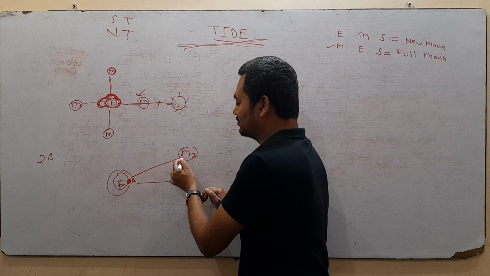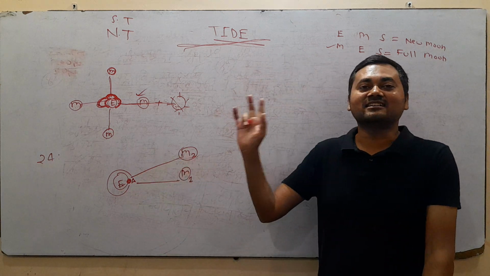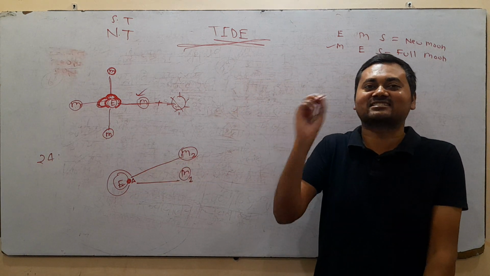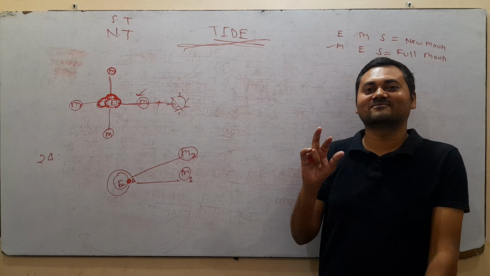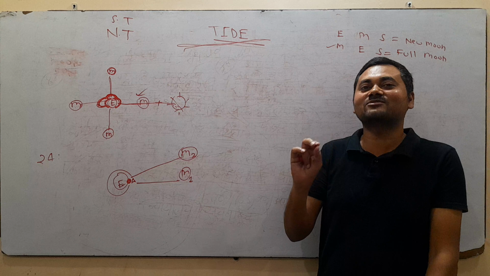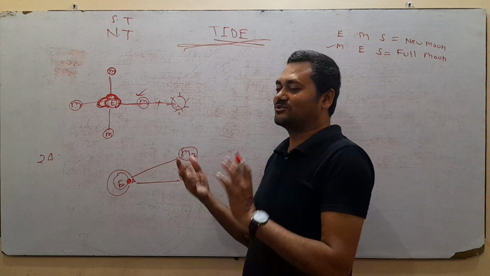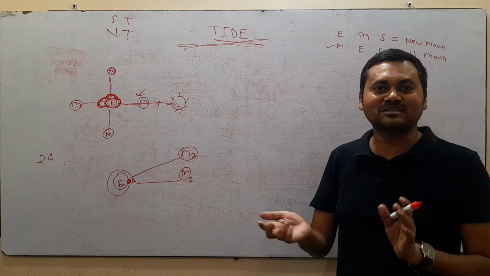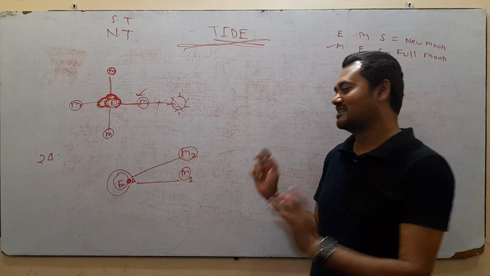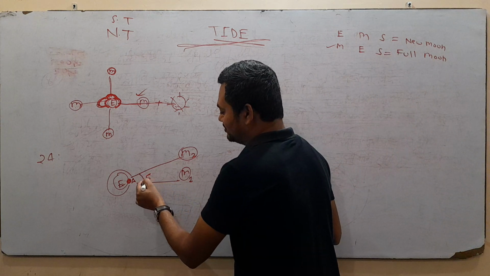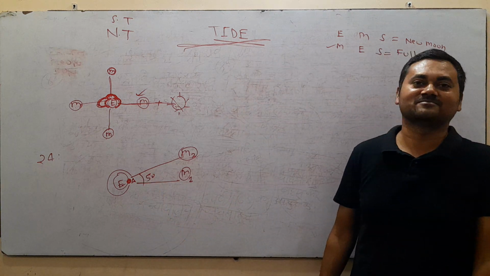So you have to cover extra distance, and that extra distance will require how much time? By the way, look, in some books it is written 48 minutes, in some 50 minutes, 52 minutes, but I am going with 51 as it is given in the NCERTs.